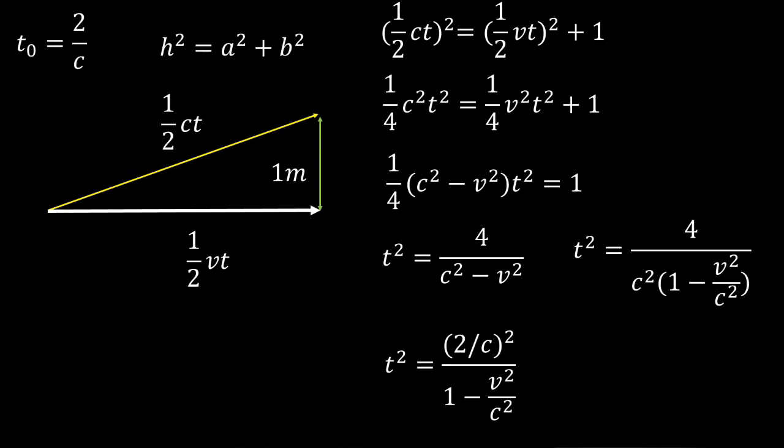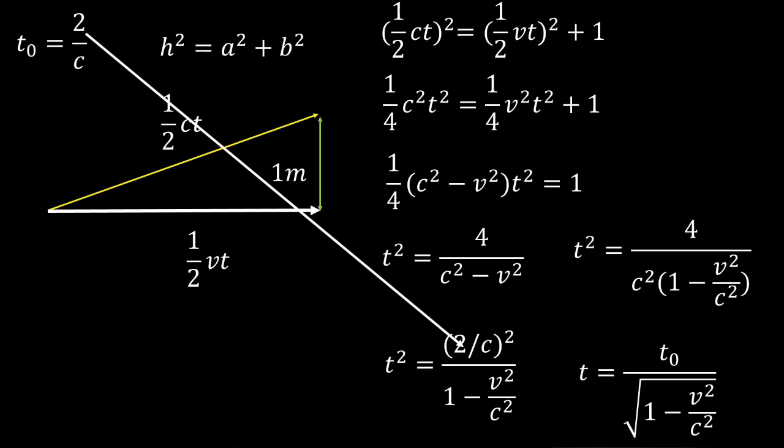Now the numerator, 2 over C, remember, is just the time it takes for light on the spaceship clock to make a full circuit from the bottom to the top mirror and back again, which we labelled as T0. If we finish our solution by replacing 2 over C with T0 and square rooting both sides, we get T equals T0 over the square root of 1 minus V squared divided by C squared.